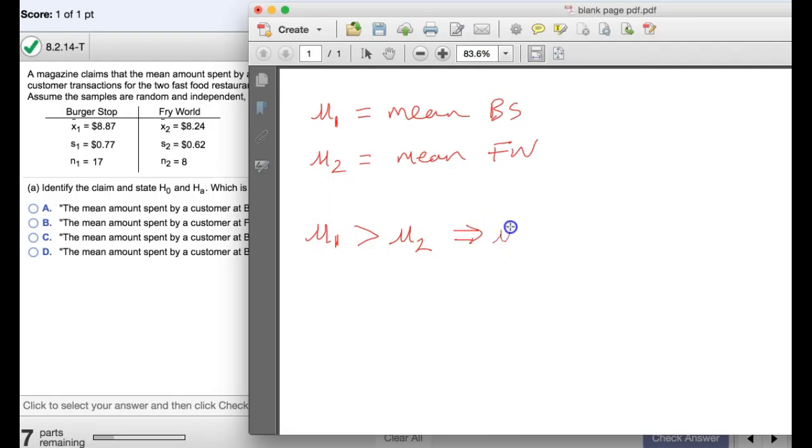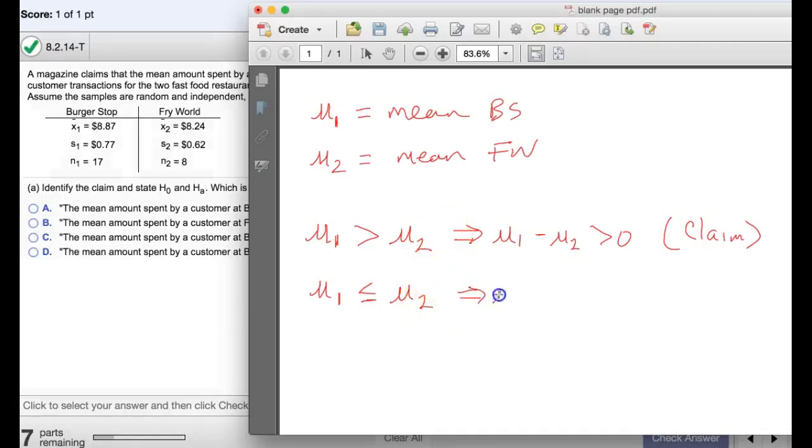I'm going to rewrite it this way because when we start to do our hypothesis test, this is actually how we're going to use it. But this is our claim. Also, we know that if the claim is not statistically true, then what we will have to say is that the mean amount spent at Burger Stop is less than or equal to the mean amount spent at Fry World.